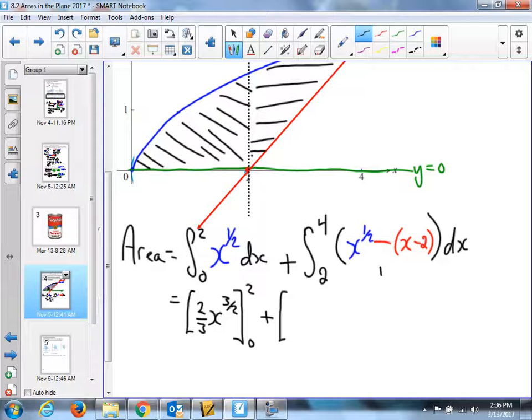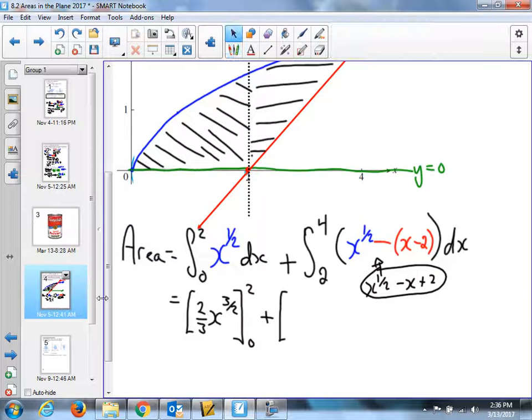This part right here is x to the 1/2 minus x plus 2, right? That's what I'm thinking. That's what I'm doing the antiderivative of here.